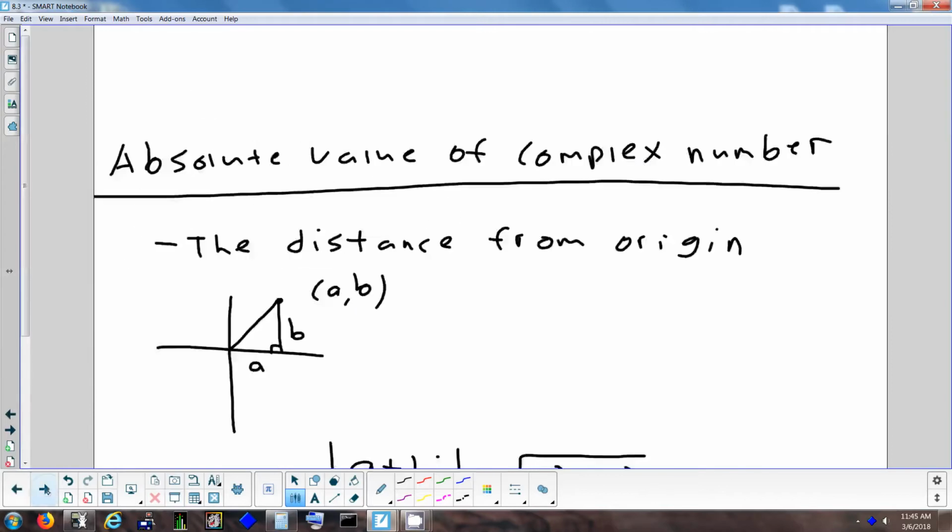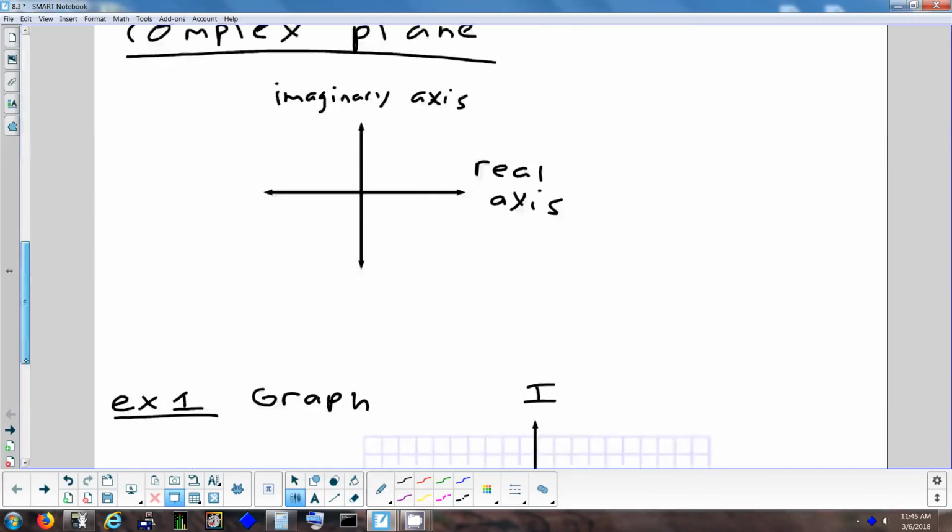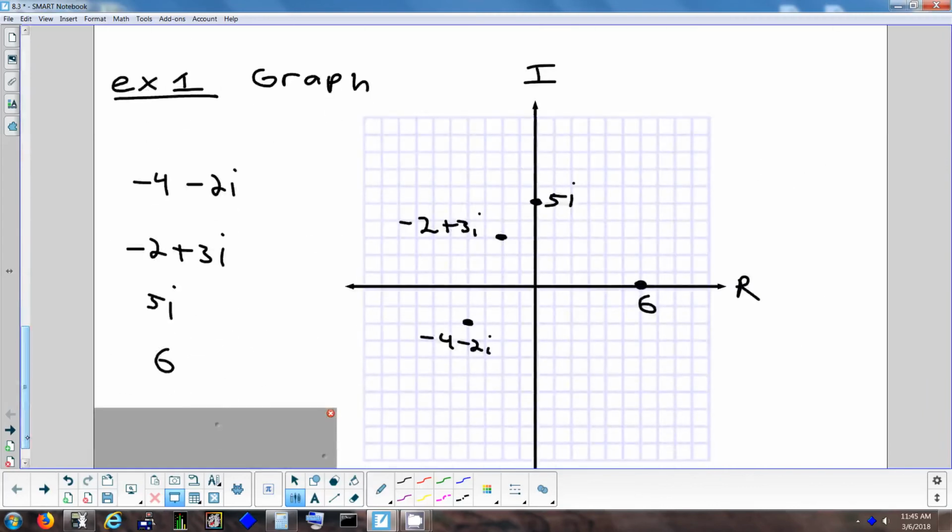I think the next is absolute value. Yes, absolute value. What does absolute value mean? It's the distance from 0. Well, we can find the absolute value of a complex number just like any other number. 0 is right there. What do we call that point that I just marked?